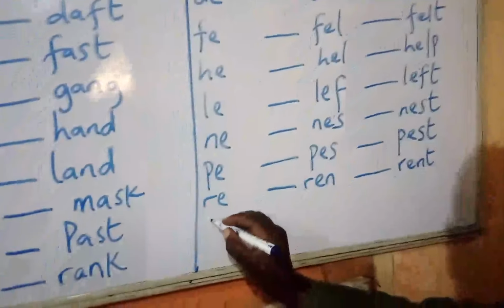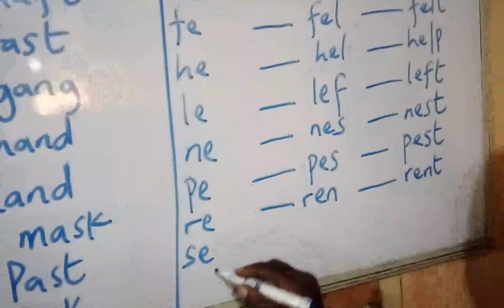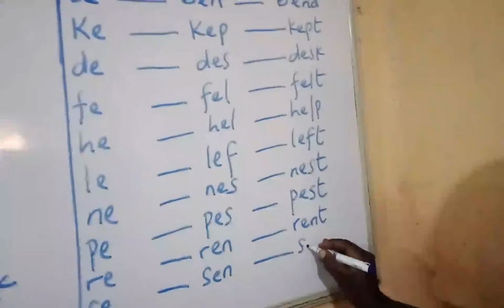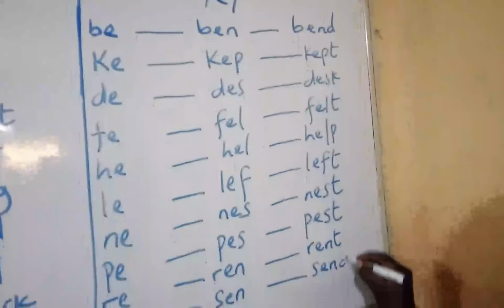Rent. Good. Now we move to the next one. Sound of S with A. Se. Okay, say that. Se. As you have it in what? Send. Then in 4 you have it as what? Send. Okay. Next is what? Te. Say te. Okay, te.